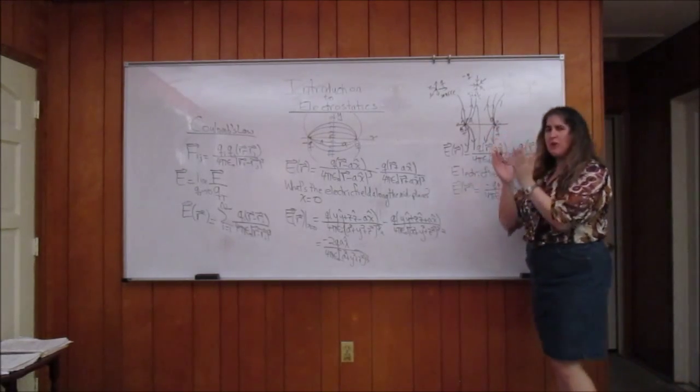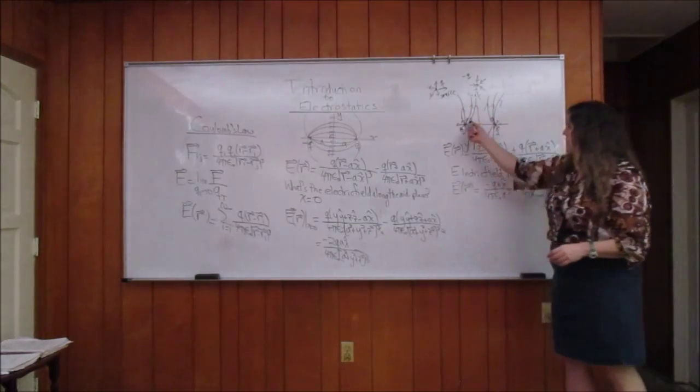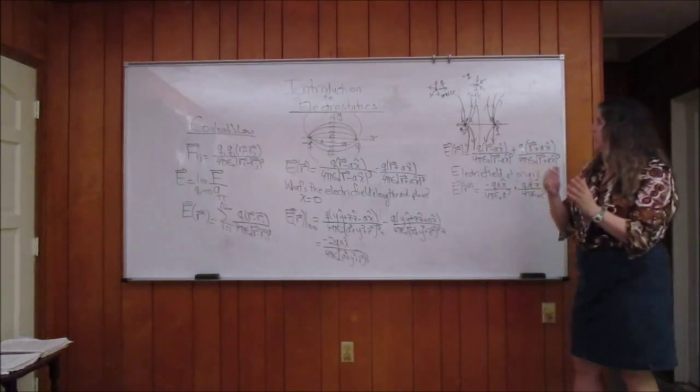There's kind of a bunching up of field lines because they cannot cross, but they start at the positive charges and go off to infinity.